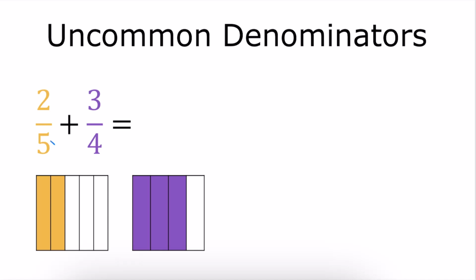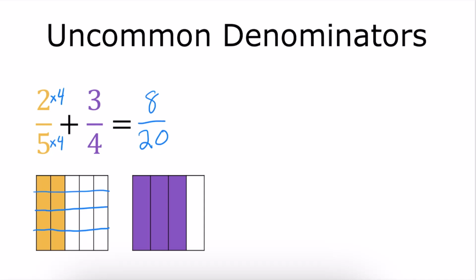So I'm going to multiply 5 times 4, which means that I'm going to split up the 5 pieces that I have into 4 more pieces, which gives me a total of 20 pieces in my entire square. Now, the 2 pieces that were shaded are now 8 littler pieces because each of the 2 pieces was cut up into 4 pieces. And so this shows us that 2/5 is equal to 8/20.